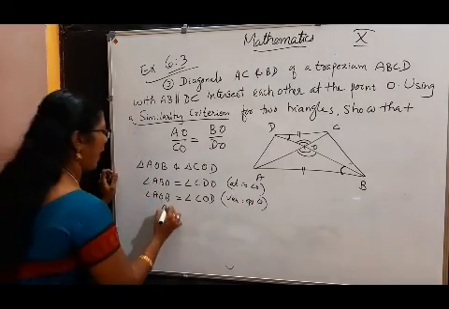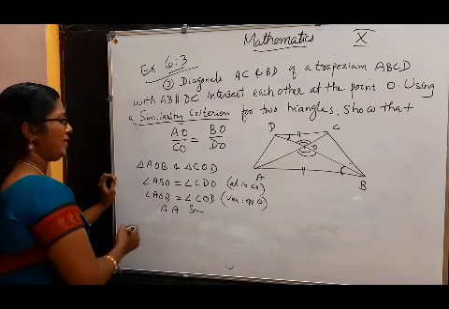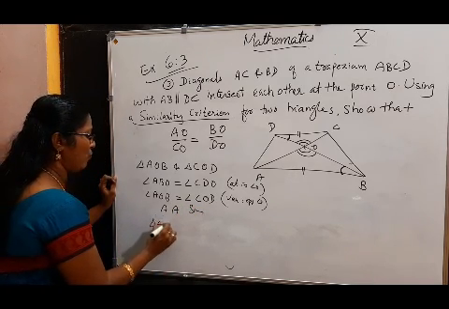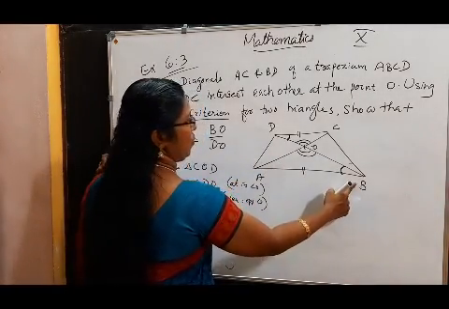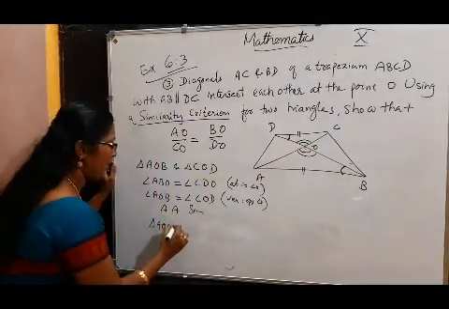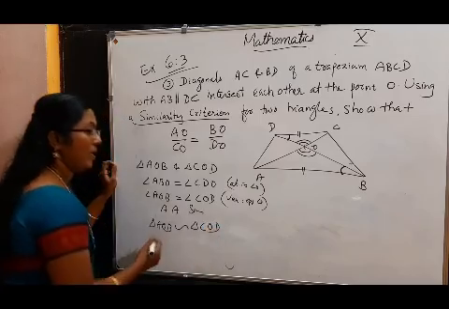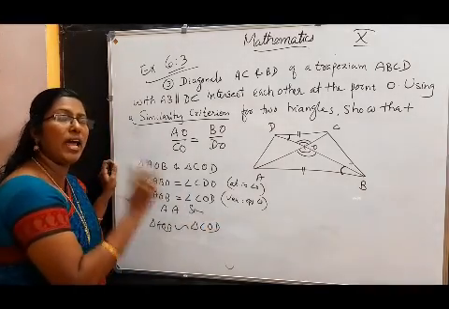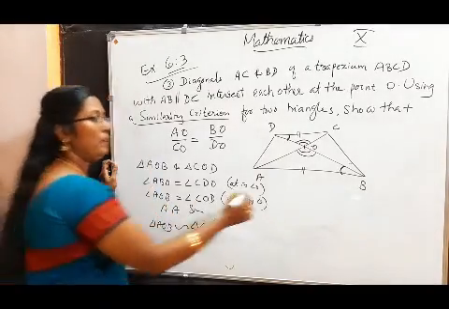Yes, by AA similarity criterion, we can say that triangle AOB is similar to triangle COD. If two triangles are similar, their corresponding parts are proportional.